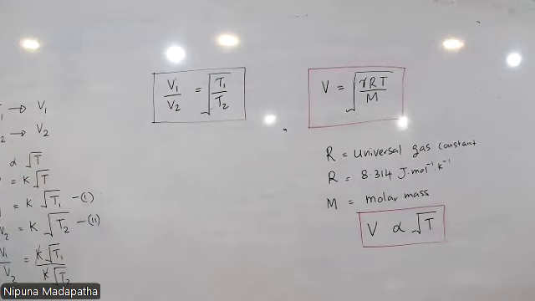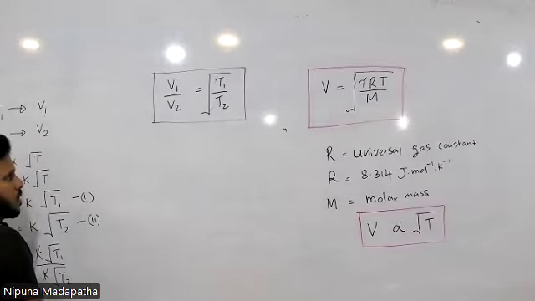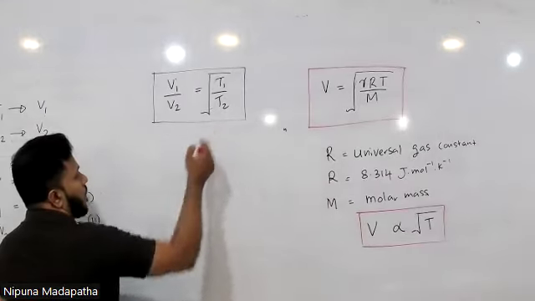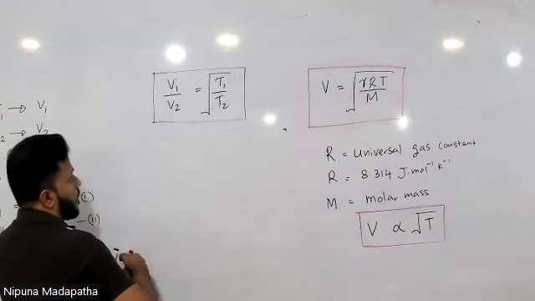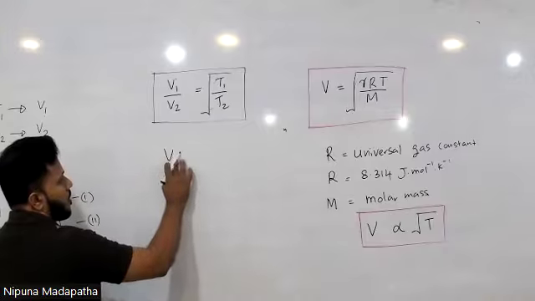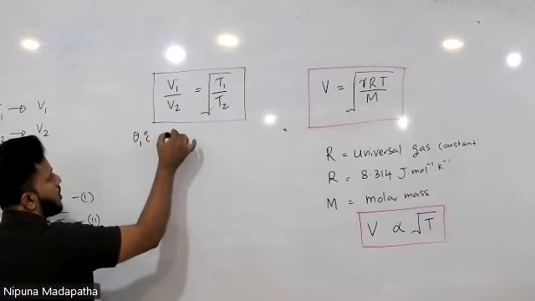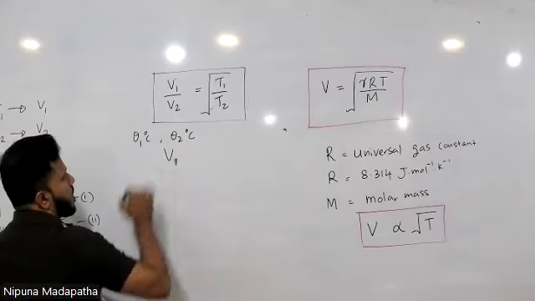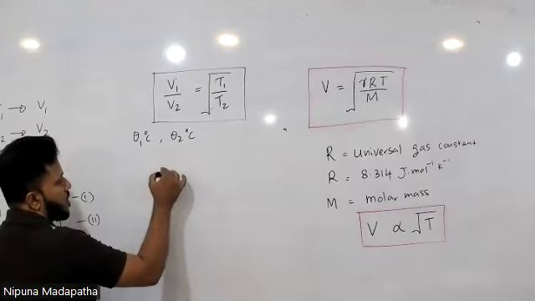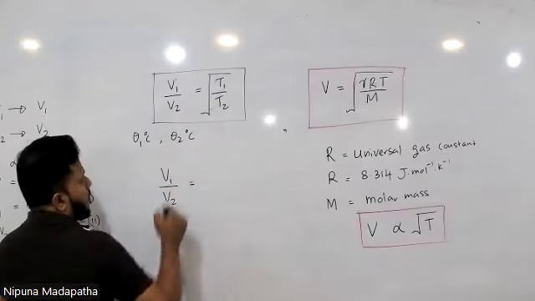Right? So if the temperature is given in Celsius, how do you get the absolute temperature? Suppose the temperatures are θ1 Celsius and θ2 Celsius. Then the expression is V1 over V2 equals, right?